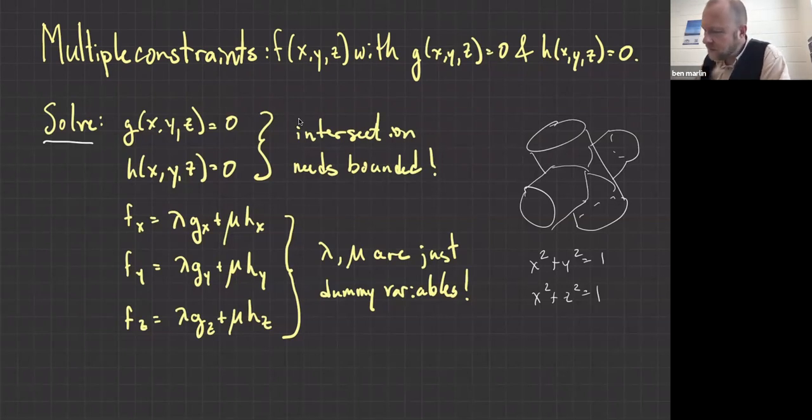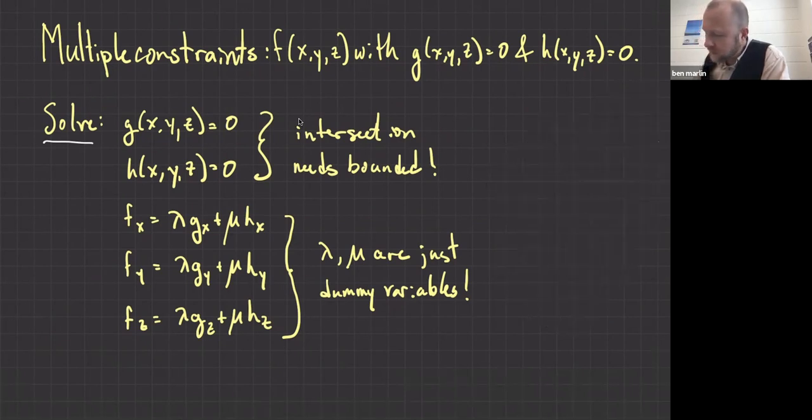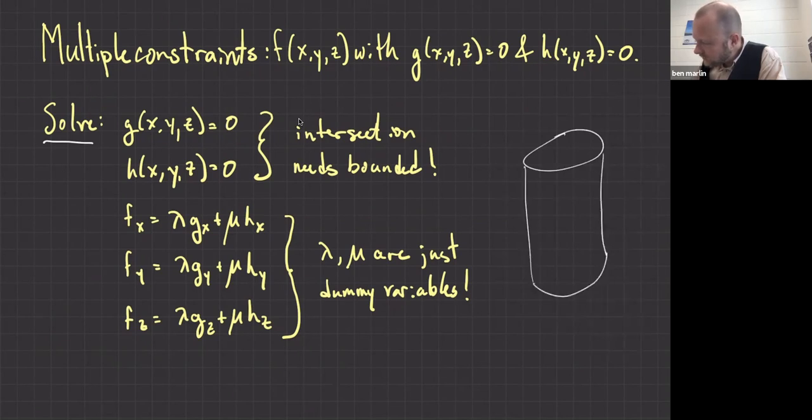So, okay. You know what? A better picture than this could be easily had, though, because I could have instead just drawn a quick cylinder and then a plane cutting the cylinder, like so.